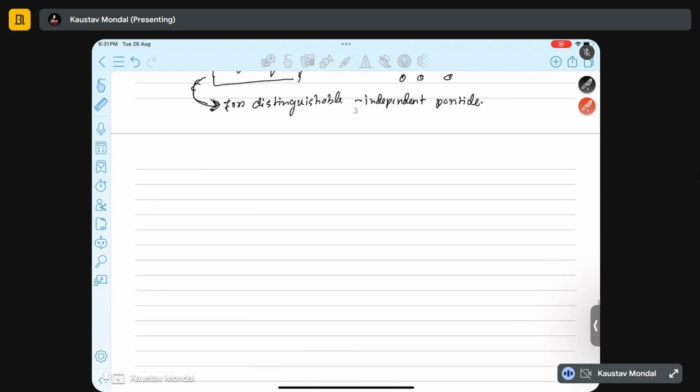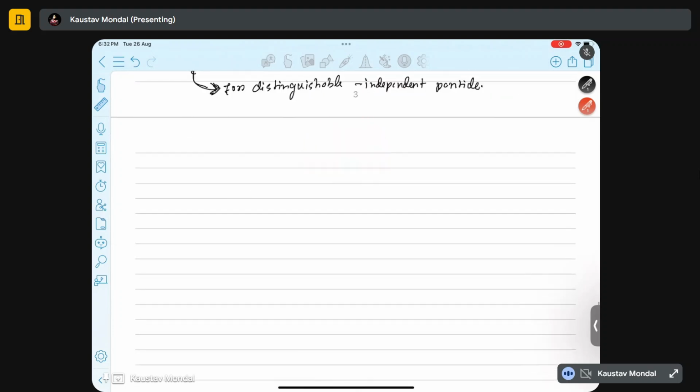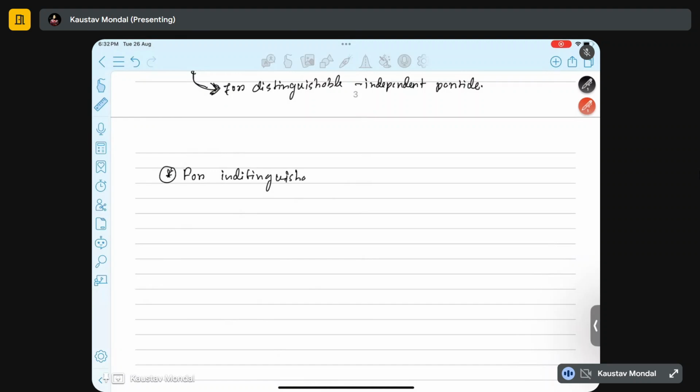Now let's suppose we consider indistinguishable, independent particles.